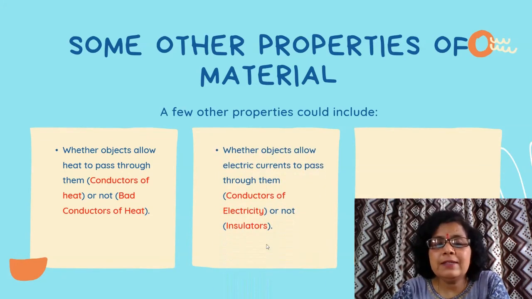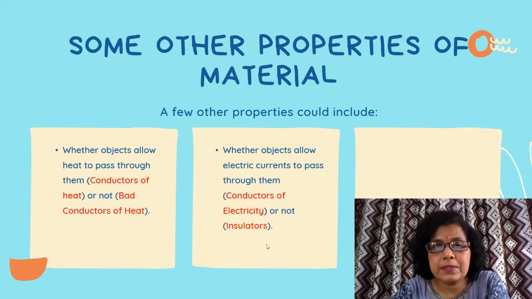The second property is very similar to the first one, that is conductors of electricity. Objects which allow electric current to pass through them are called conductors of electricity. In our houses, we can find copper wire used for wiring purposes, right? Why?